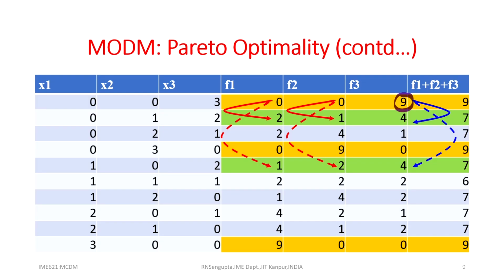Now, here the f3 value is decreasing from 9 to 4 in one case, and in another instance again 9 to 4. So, this is case 1, this is case 2. Sum going from 9 to 7 total is good.